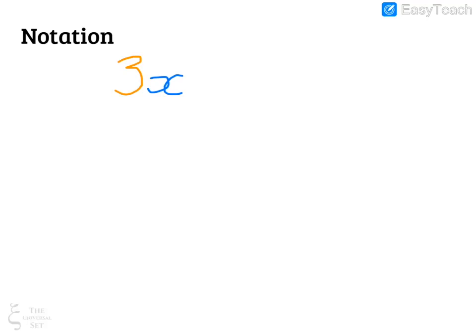And what that means is, if I write 3x like that, it means 3 multiplied by x. So this x here is standing for a number. We don't know what it is yet. But whatever that number is that x is representing, we're going to multiply it by 3. So 3 next to an x, that means 3 multiplied by x.